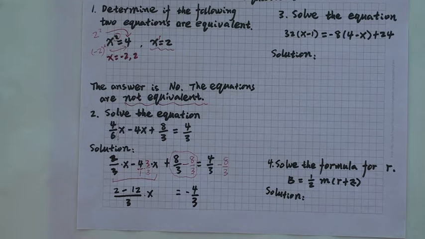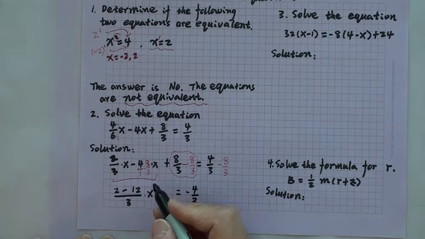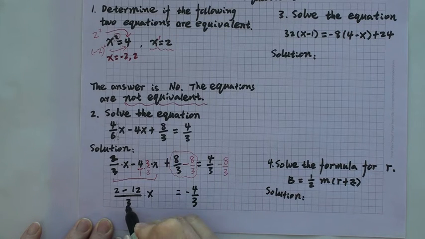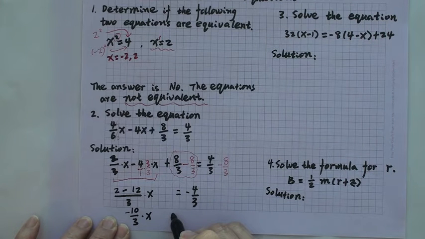Now look, 2 minus -12 gives us 10. So then we'll have -10 over 3 times x. And the right-hand side, you keep it.